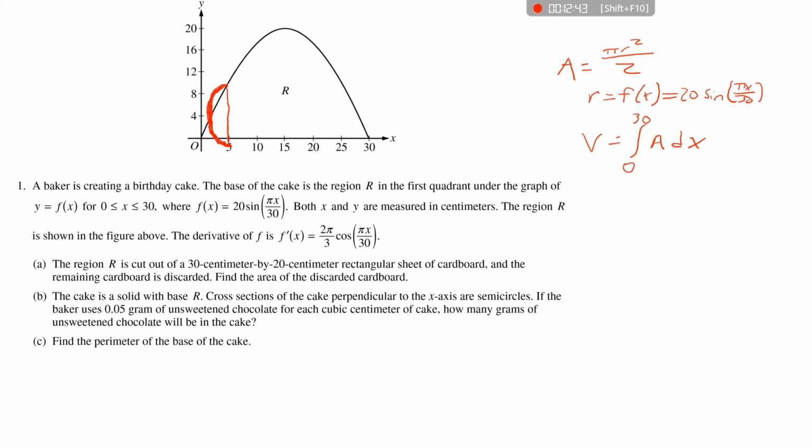Also times 0.05 from the number that we got. Yes. Okay, and what would my units be? Grams. Okay.